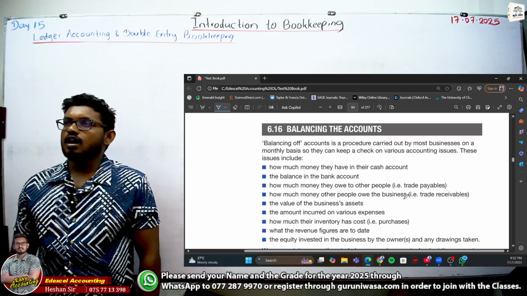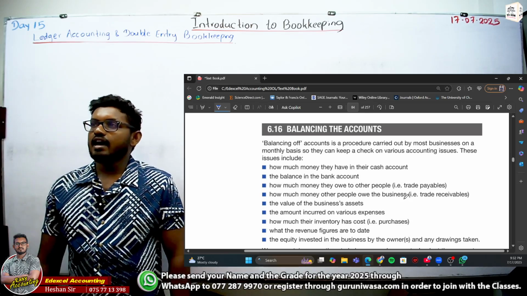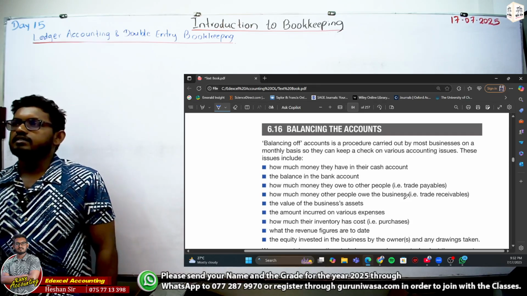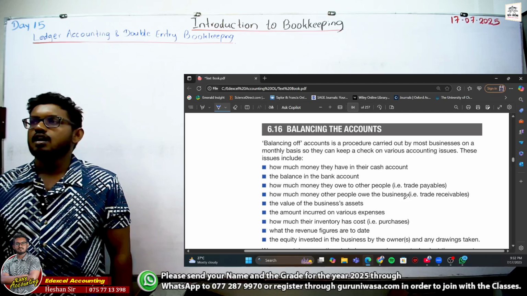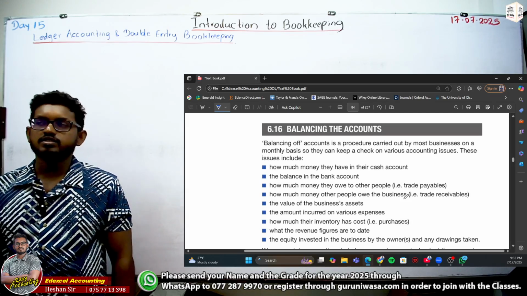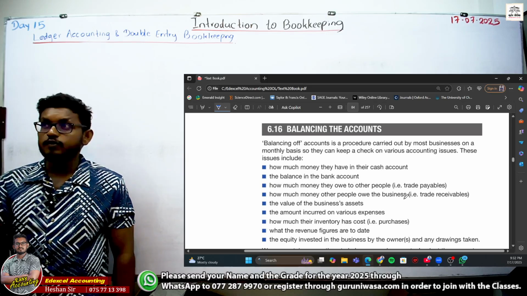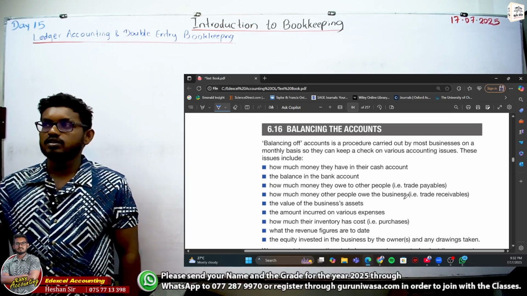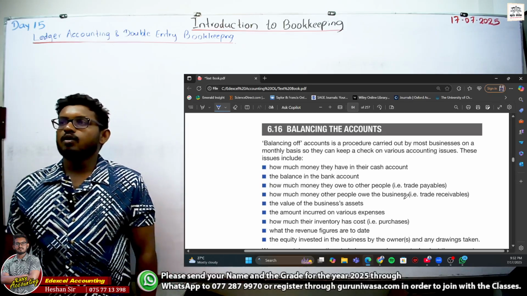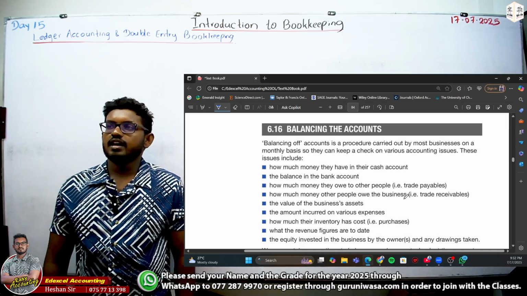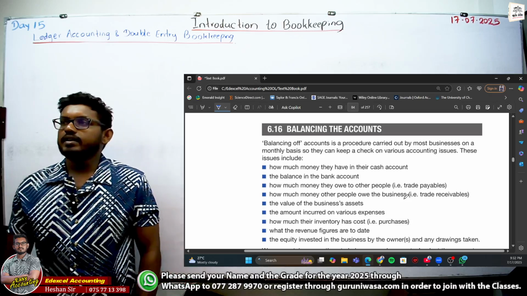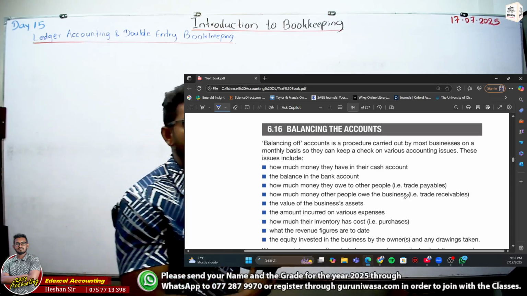These include how much money they have in their cash account, the balance of the bank account, how much money they owe to other parties, the trade payables, how much money other people owe to the business, which means trade receivables or the debtors, the value of the business assets, the amount incurred on various expenses, how much their inventory has cost, what the revenue figures are to date, and the equity invested in the business by the owner or any drawings taken.